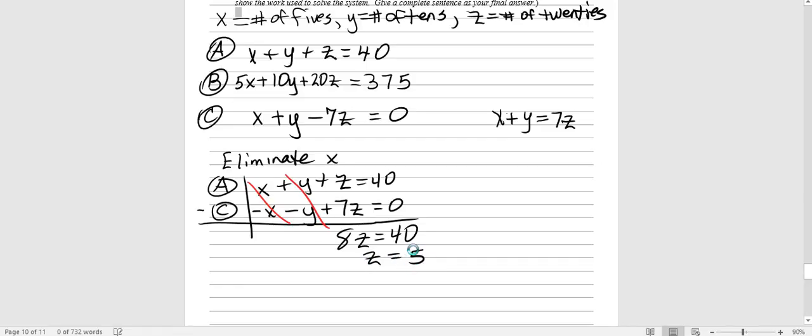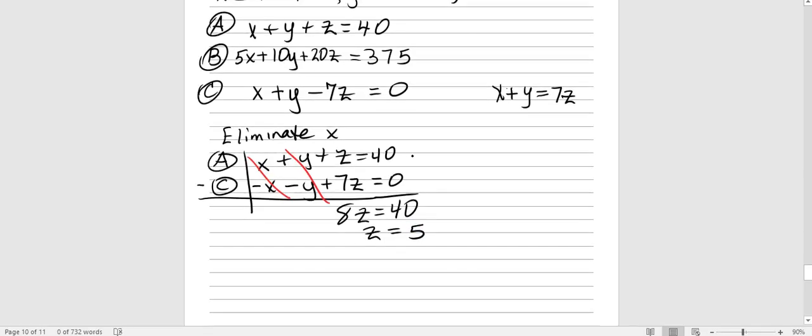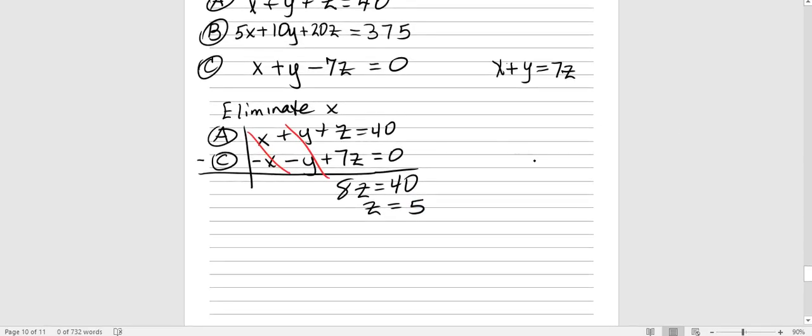This turns out kind of similar to what occurred in the previous problem. I've used A and C. Now I'm going to use A and B. And so in equation A, x plus y plus 5, replacing z with 5, is 40. When I subtract 5 from both sides, I get x plus y is 35.